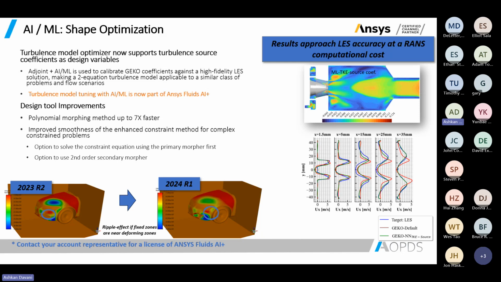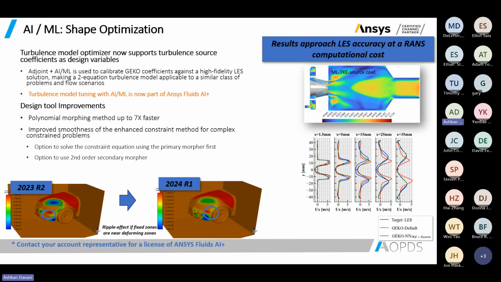You can use turbulence models, and Ansys Fluent will do simulations in a way that the accuracy of the turbulence model resembles very high fidelity models like large eddy simulations, without having to do actual LES simulations, because as you know, LES is way more computationally expensive than RANS models.